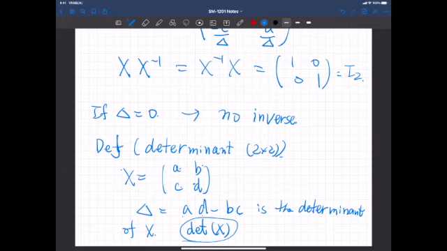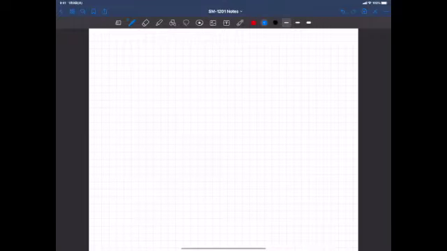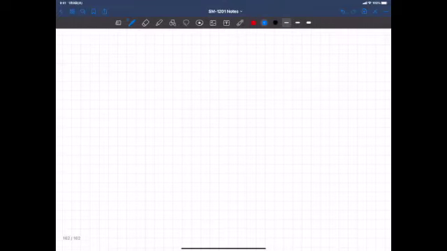Now we see an example of an application of matrix inverses.